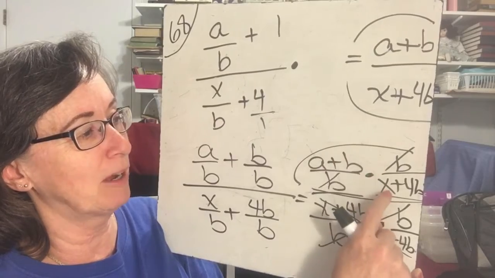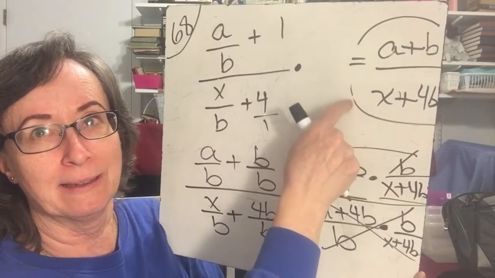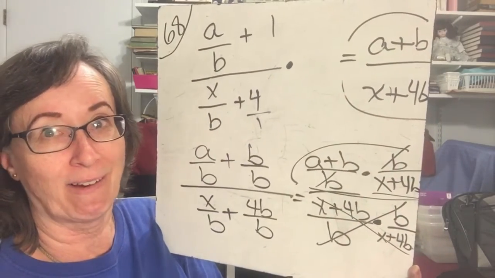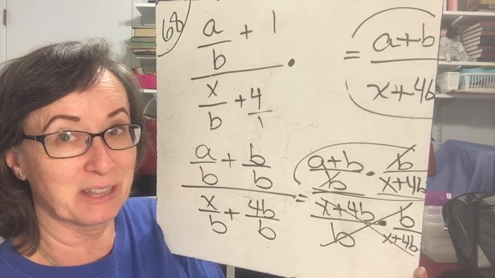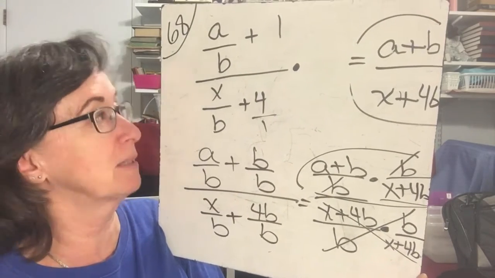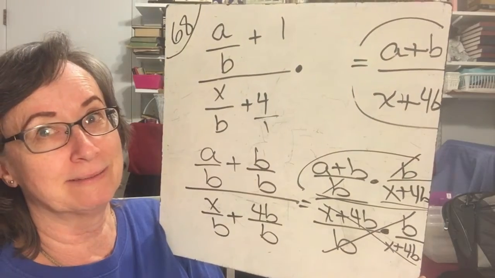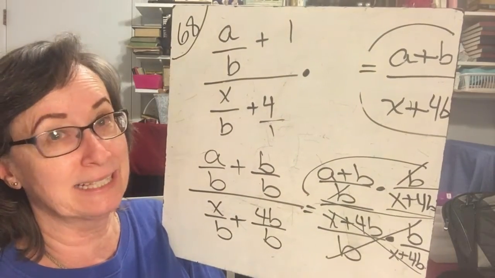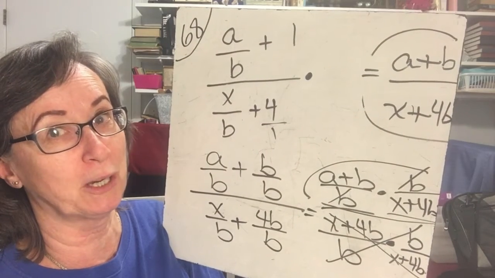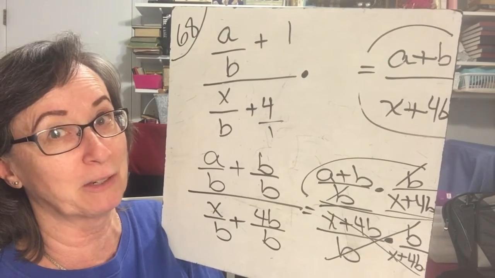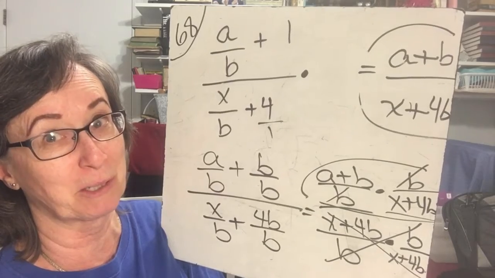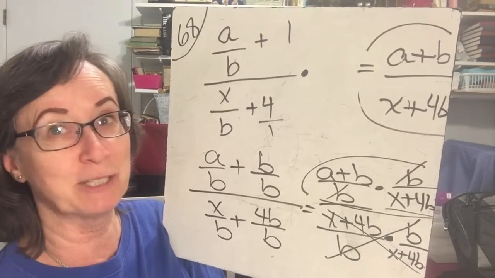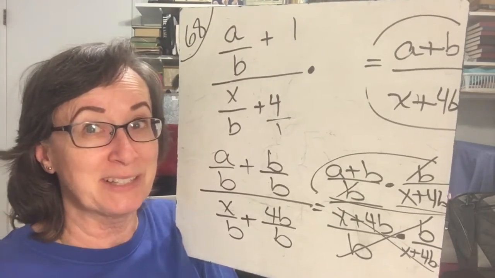A plus B over X plus 4B, back there again. 3 different ways to work these problems. Notice that in this case, just multiplying every term by the least common denominator was the fastest way to work the problem, wasn't it? And every time we did it, we got the same answer.